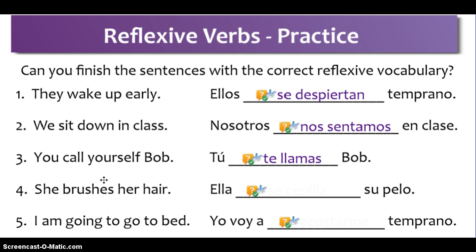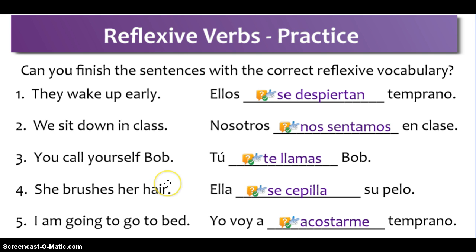She brushes her hair. Ella blank su pelo. Ella se cepilla su pelo. And I am going to go to bed. So my conjugated verb on this one is yo voy a, and then fill in the blank before temprano.